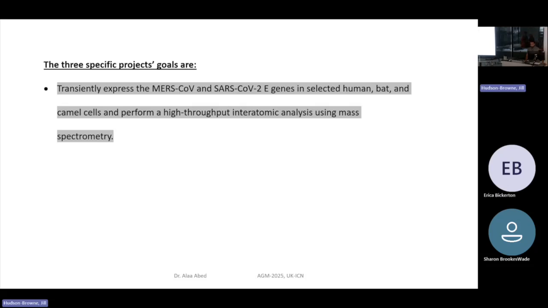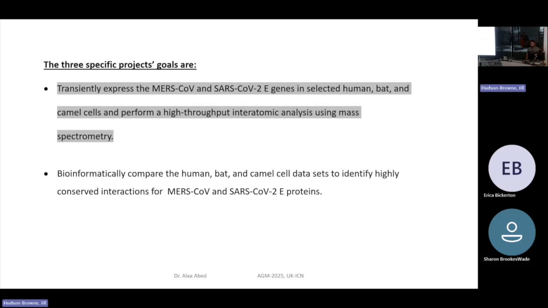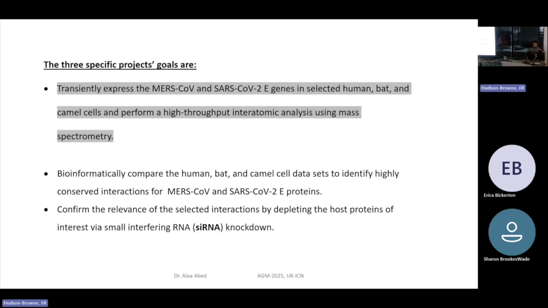The second is to bioinformatically compare the human, bat, and camel cell datasets to identify a highly conserved interaction for these 2 coronaviral proteins. The third is to confirm the relevance of selected interactions by depleting the host proteins of interest using small interfering RNA, which is called siRNA knockdown.